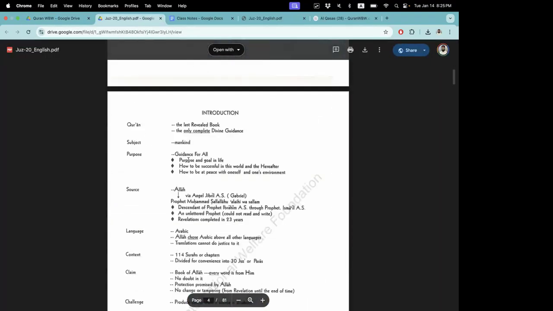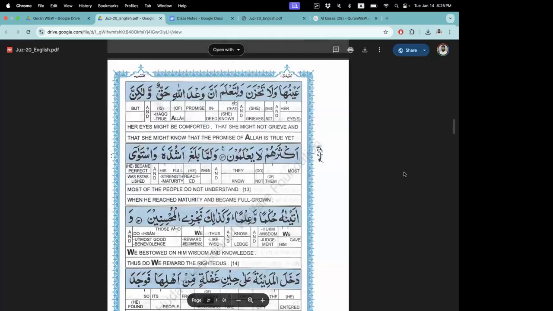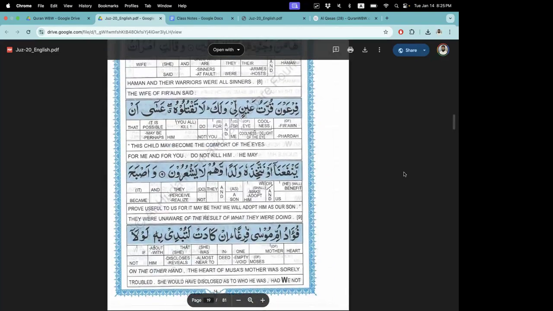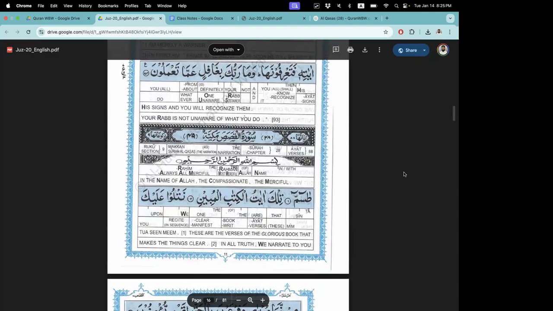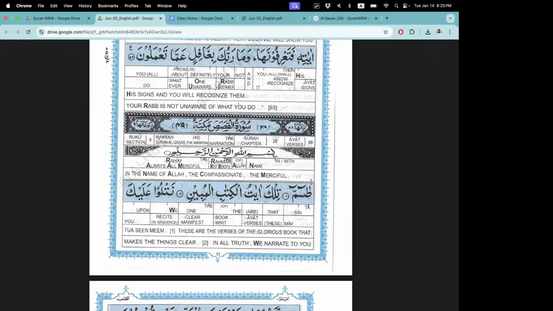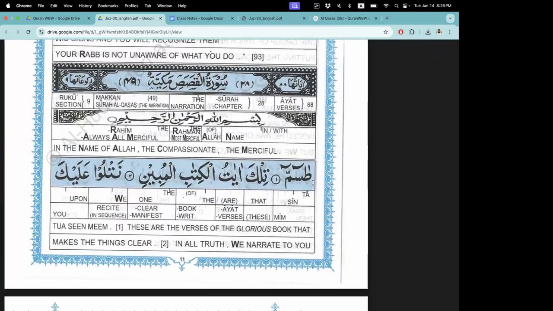This is the book that I was referencing earlier in my introduction last session, and this is the one that I studied from when I was memorizing these words word for word. And Surah Qasas here starts on page 11. Yes, this is a lot more of an old school translation, as you will notice.